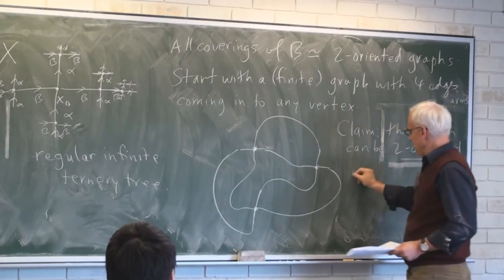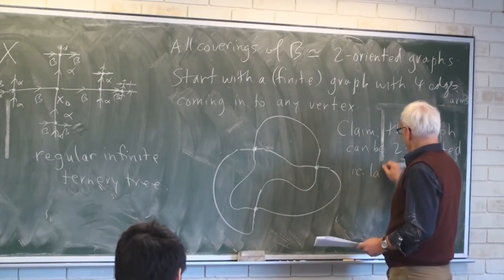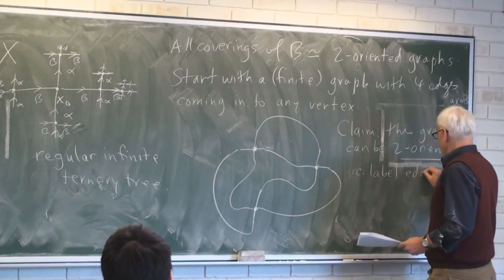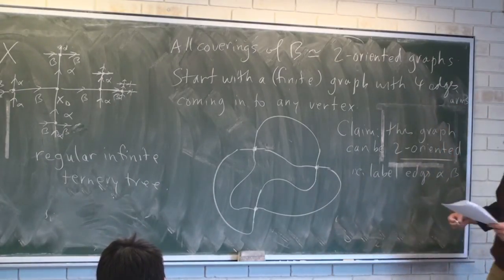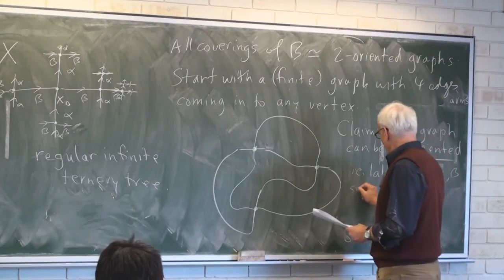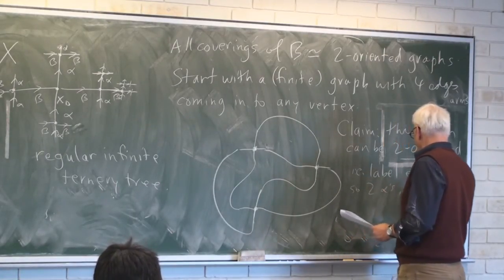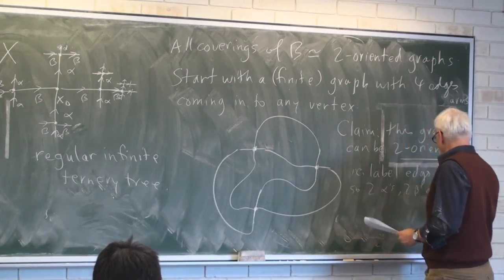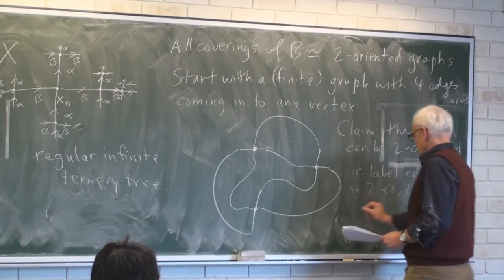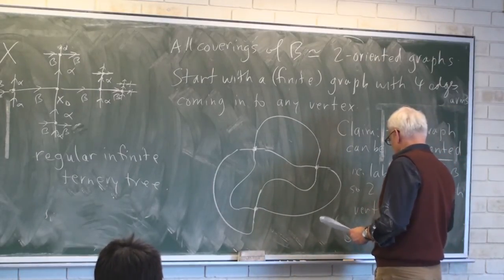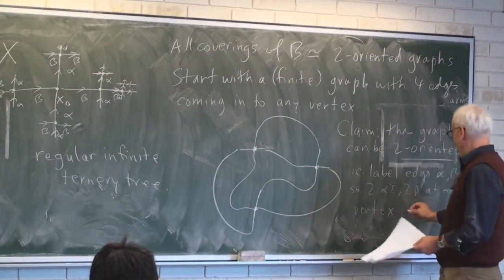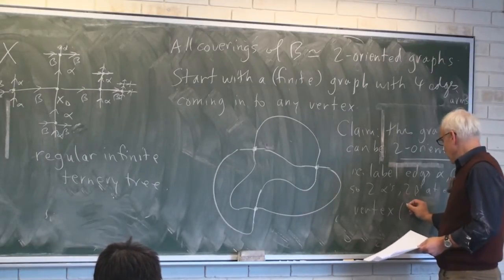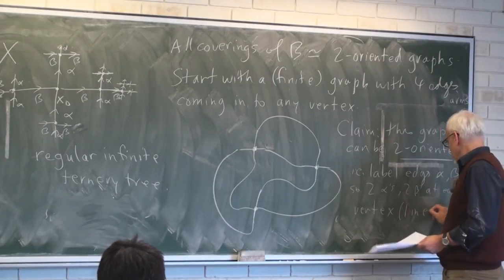That means we can label the edges alphas and betas so that there are two alphas and two betas at each vertex. And we can label them in a directed way with one in each direction.